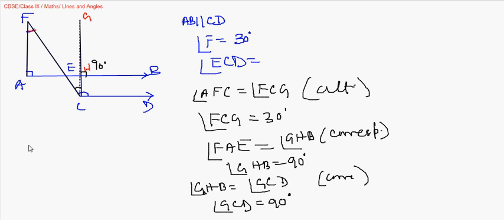The whole of angle ECD is actually equal to FCE plus GCD.